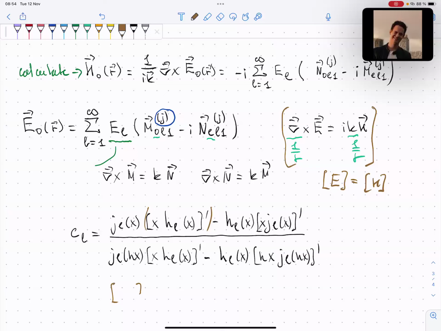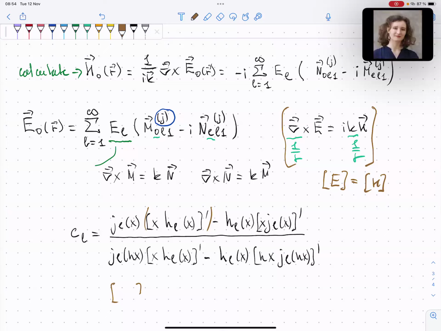Maybe you can send the expressions that you have derived. Maybe I made a mistake, it's possible.